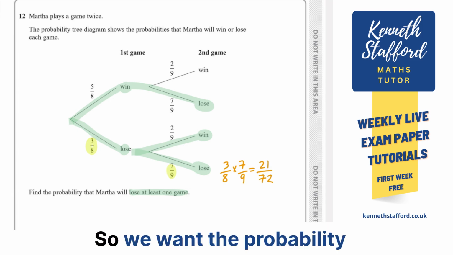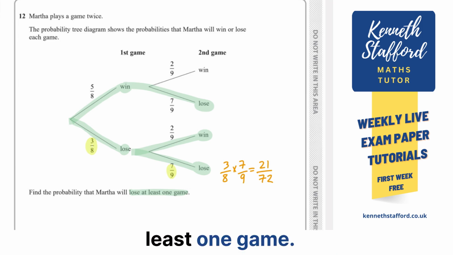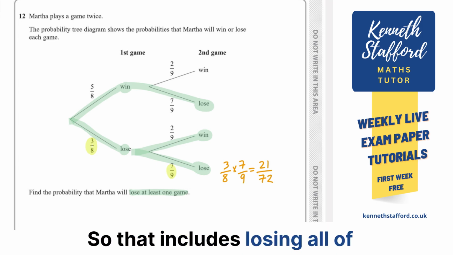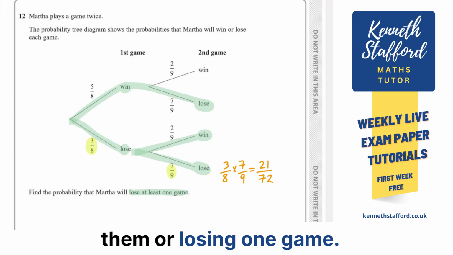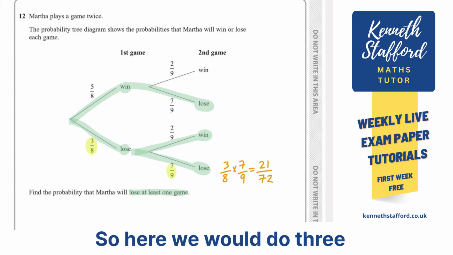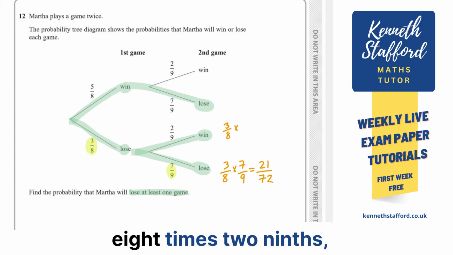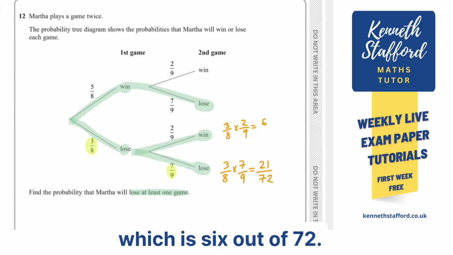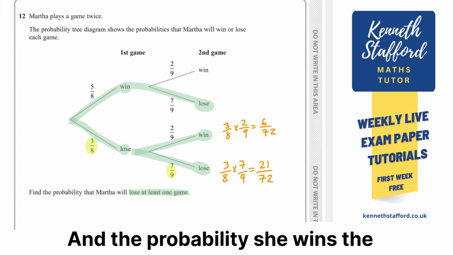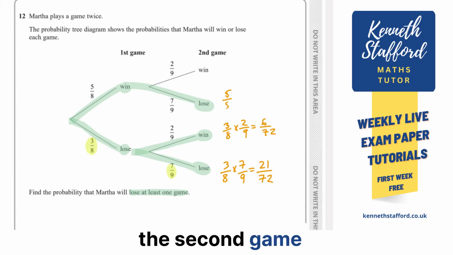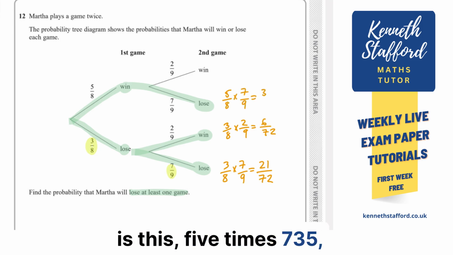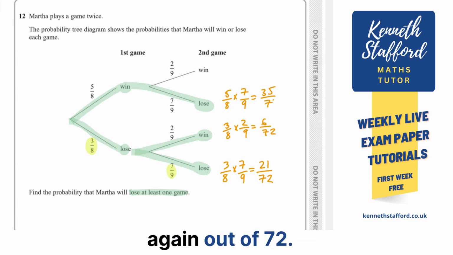Okay? So we want the probability Martha will lose at least one game. So that includes losing all of them or losing one game. So here we would do 3/8 times 2/9, which is 6 out of 72. And the probability she wins the first game and loses the second game is this. 5 times 7, 35. Again, out of 72.